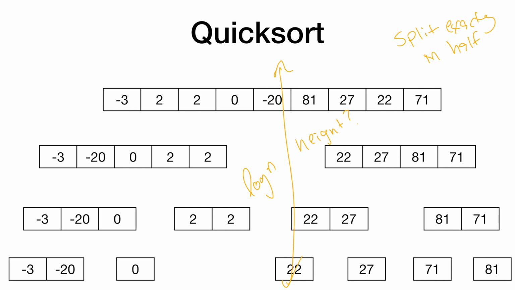Right? And if we look here, all of that movement, how many swaps could we possibly have to do? Right? We could end up doing n over 2 swaps. Right? So order n swaps.